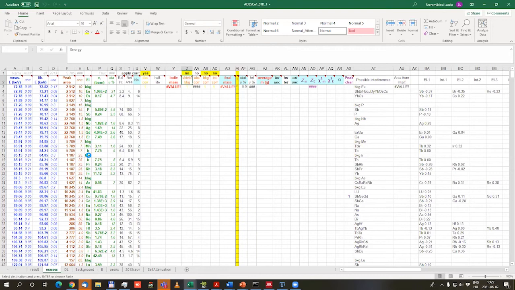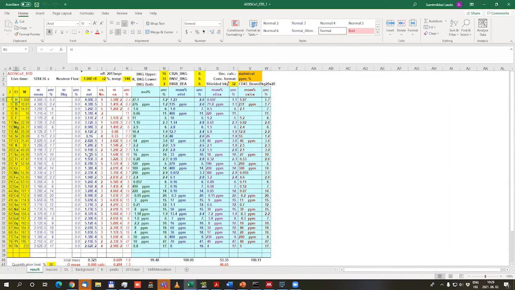So this calculation takes a bit of time, a few minutes. It's calculating in the background, but screen updating is disabled in order to speed up the process. And now the calculation is ready.